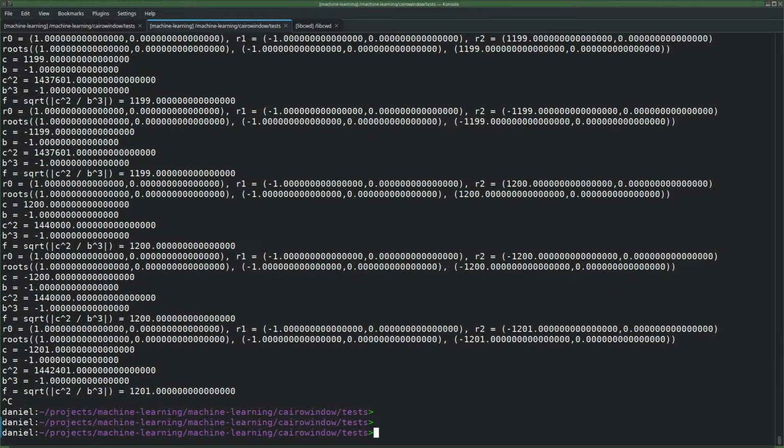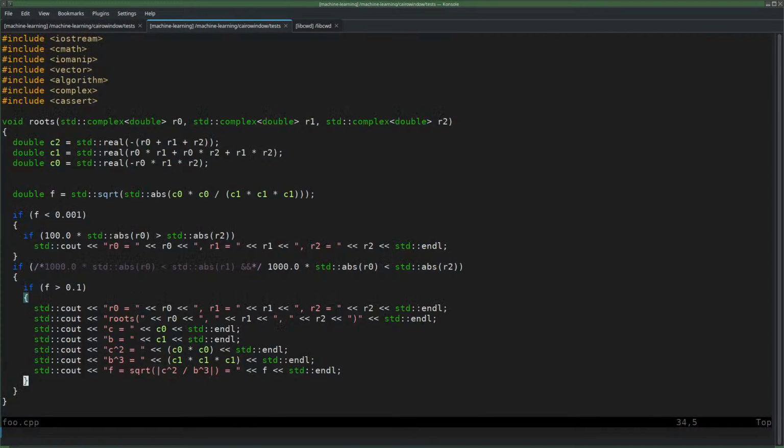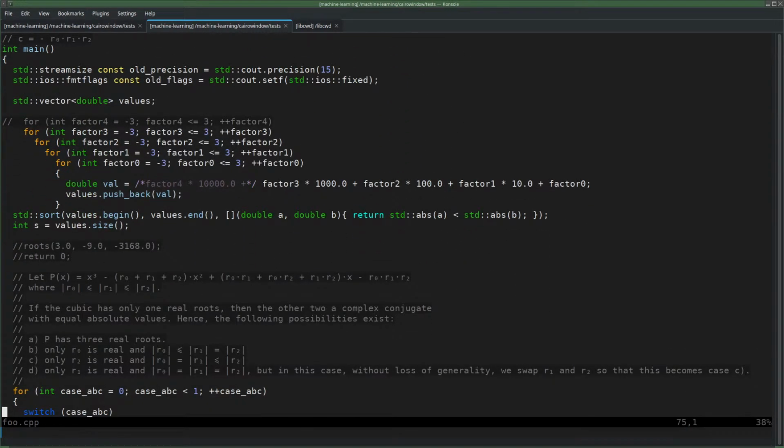Let's see. So I'm generating something. Some number.